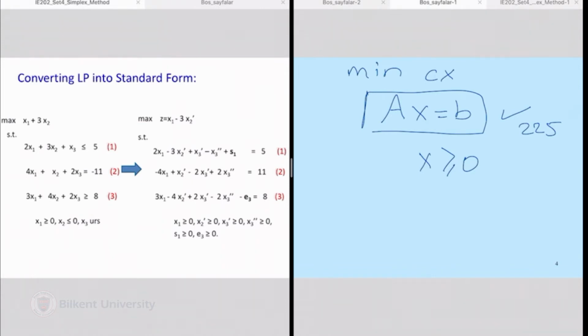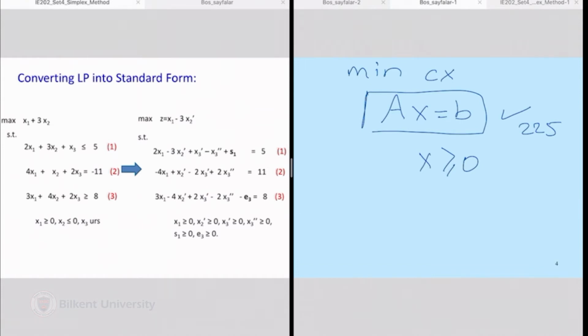All of it we could change to the second LP in standard form by adding variables to represent an unrestricted variable as the difference of two non-negative variables, by changing less than or equal to into an equation, and so on. All of this was very clear as far as I can tell, right?